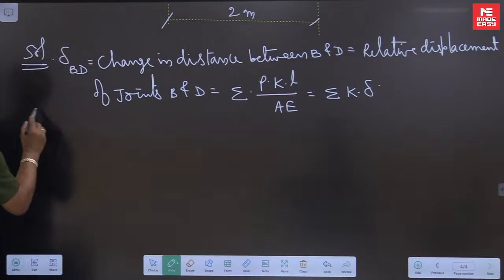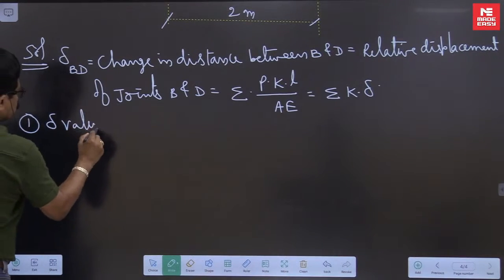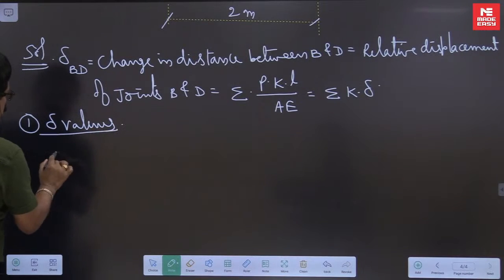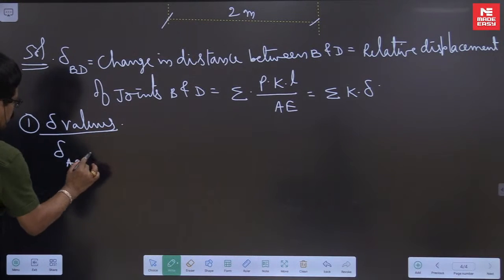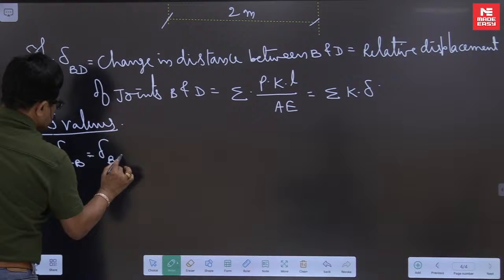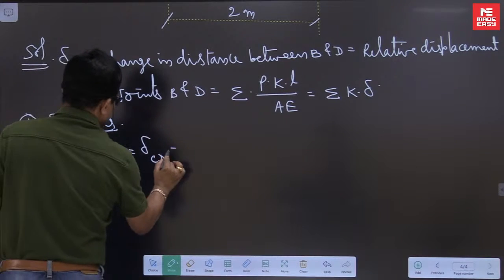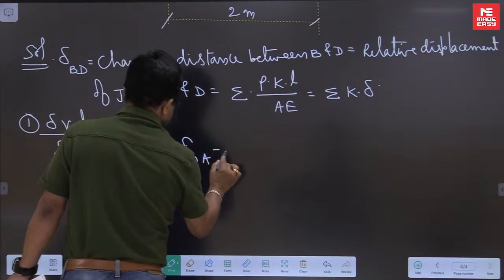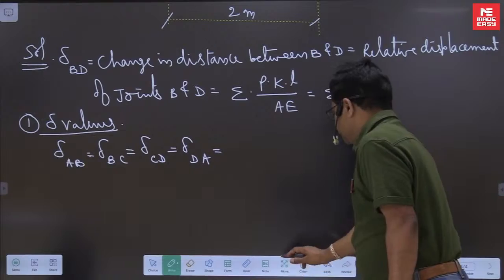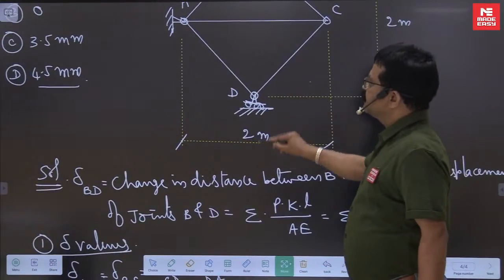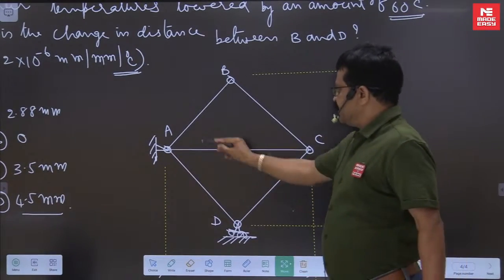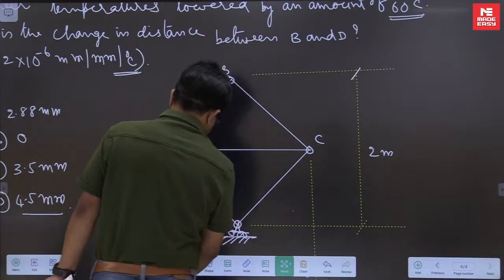So your first step should be the delta values, for AB, BC, CD and DA. All delta values are the same. See here, AB, BC, CD, DA: what is the length?